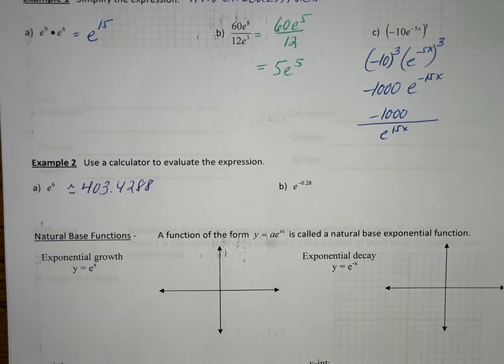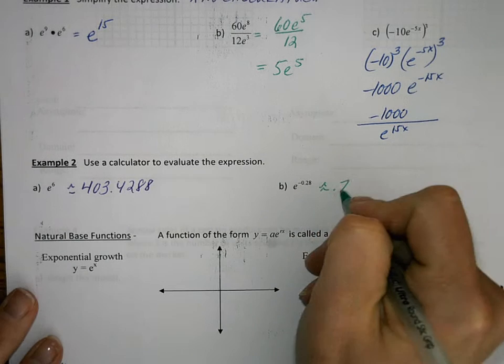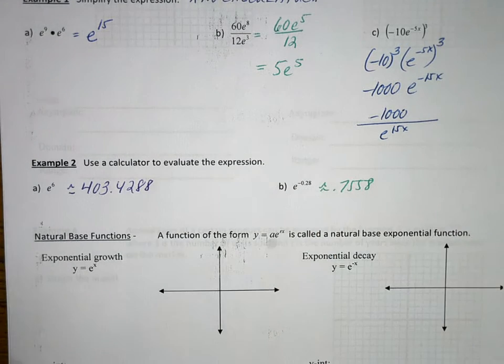All right. How about B? E to the negative 2800ths. Marcus, you got that? Did everybody get 0.7558? Okay, now here's the deal.